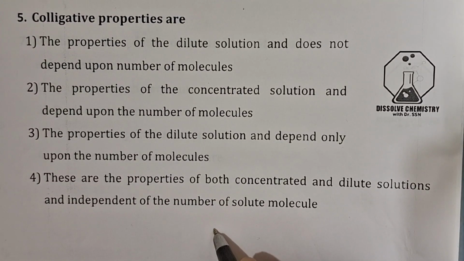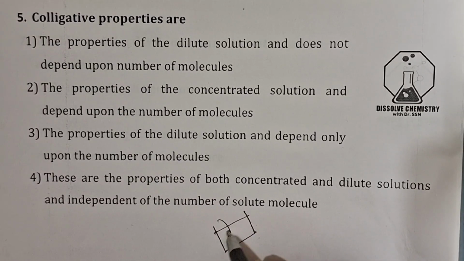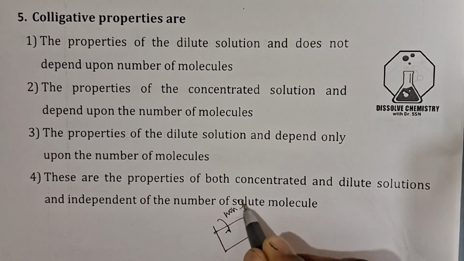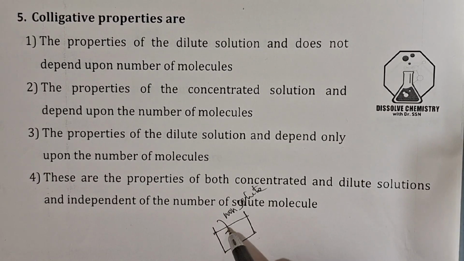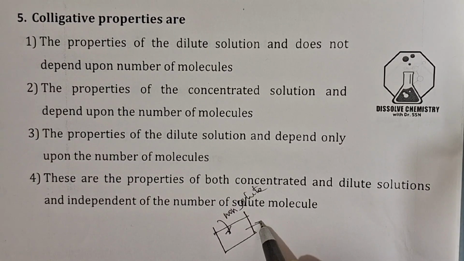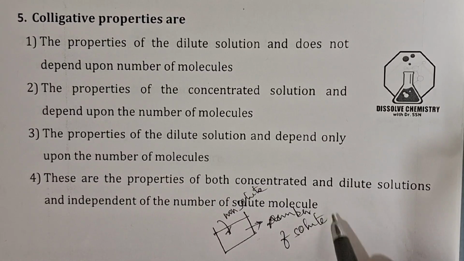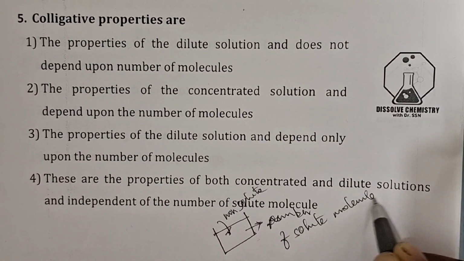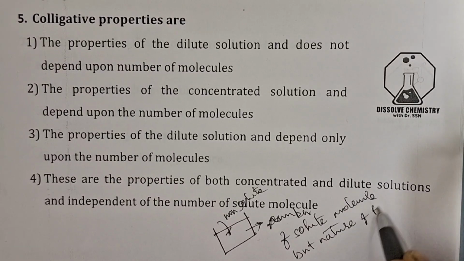Colligative properties are the properties of the dilute solution. The first thing you should remember is that it is a dilute solution containing non-volatile solute, generally a solid solute. The second thing is that these properties are dependent on the number of solute molecules, but not on the nature of the solute molecule.